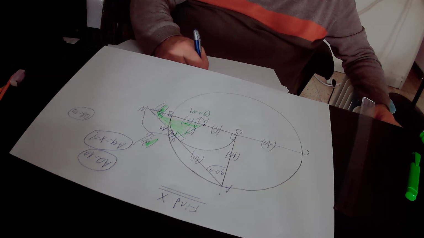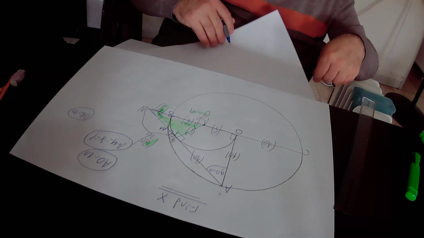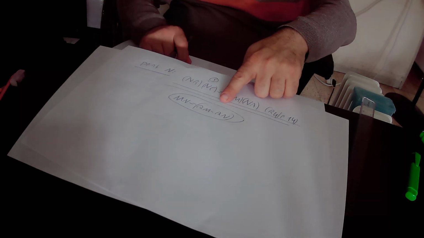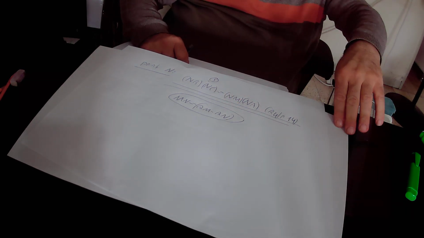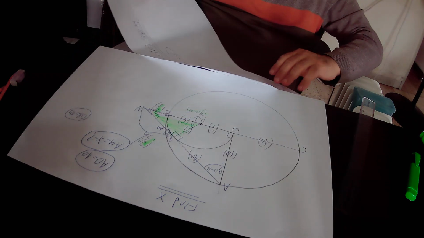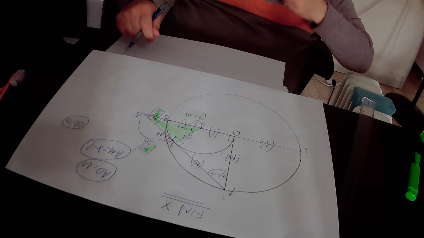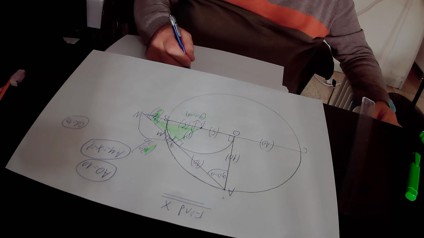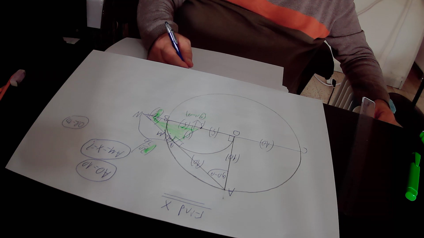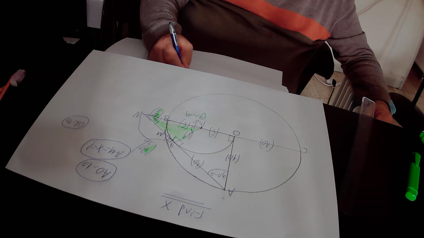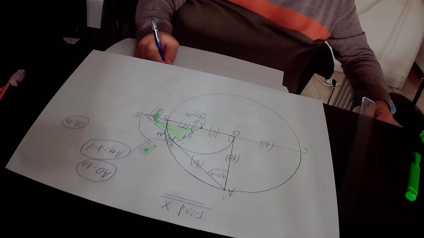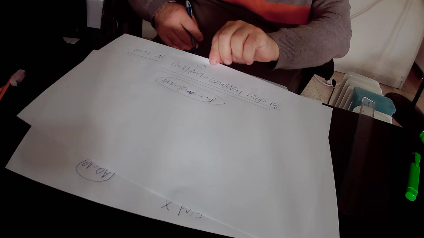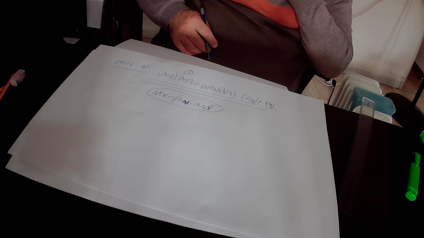Repeat again. Line segment MN equals QN minus QM.